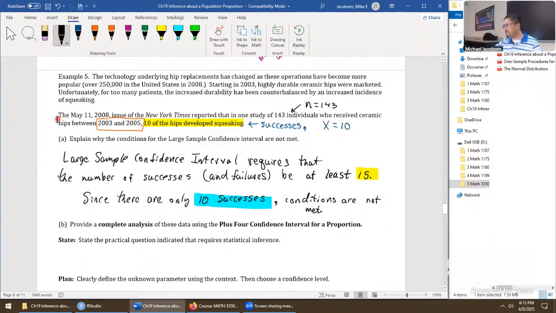Hang on, let's double check this. We received ceramic hips between that year, yes.